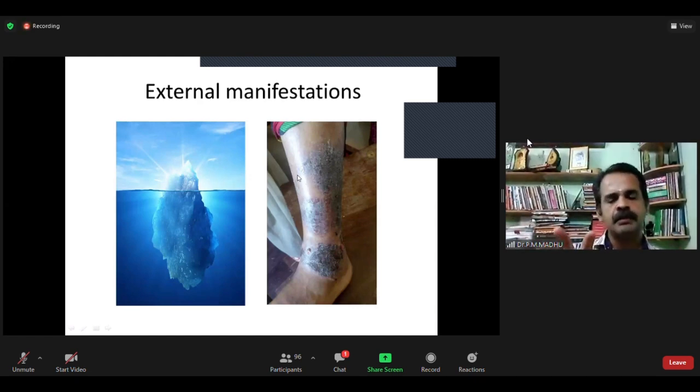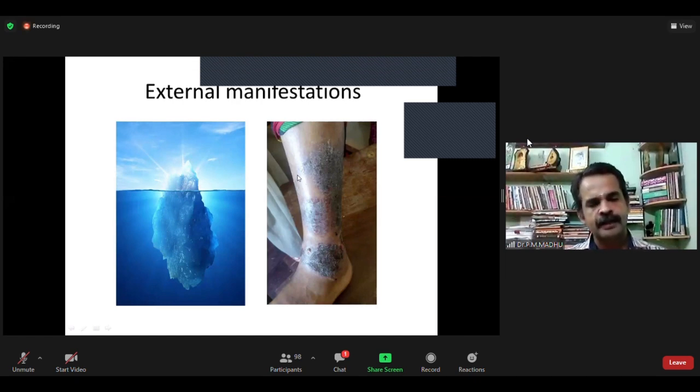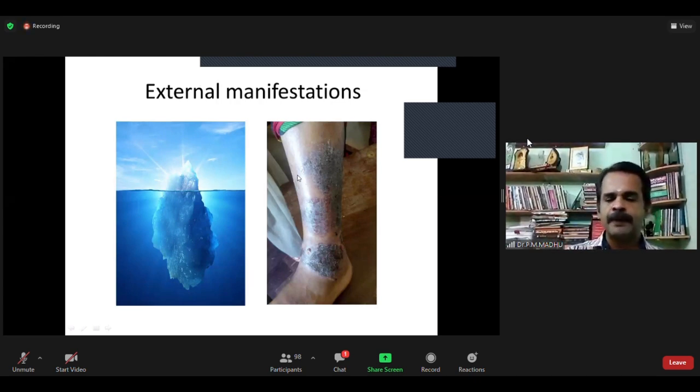Actually, the whole disease lies inside the body, the big internal events, and the external morphology happens outside the body as an expression of those events.